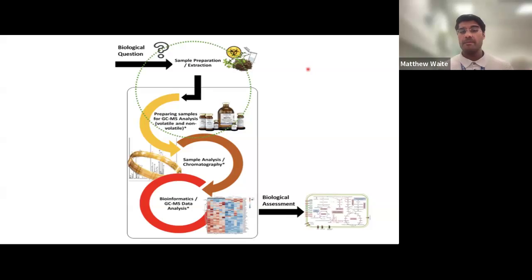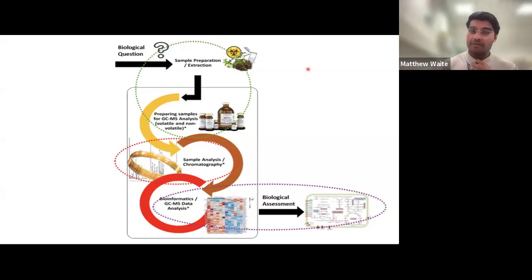Then the second step is obtaining chromatographic separation. This is using gas or liquid chromatography, which is what's typically used. And then finally, you have mass spectrometry. My method's not perfect, but it's good enough. I'll talk you through sample preparation, then gas chromatography, and then mass spectrometry.